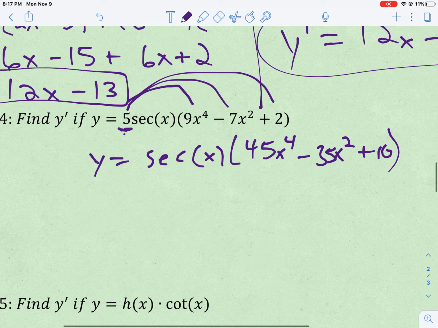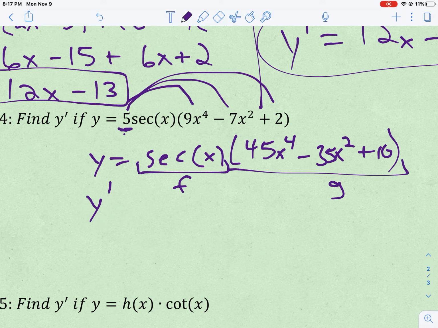And now again, I cannot combine the secant of x and what's in the parentheses on the right, so I have to use the product rule, okay? Because I'm multiplying two functions. So I'm going to call this f, call this g. So y prime equals f prime g plus f g prime. Okay?